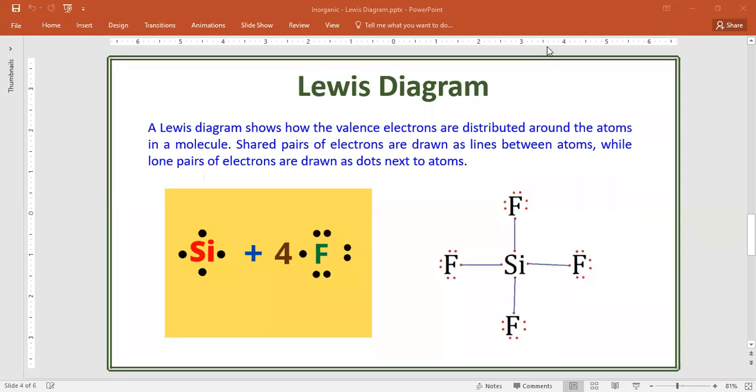But we have 4 fluorines. So 4 into 7 valence electrons is equal to 28. And silicon has 4 valence electrons. So total, 28 plus 4, is equal to 32 total valence electrons.